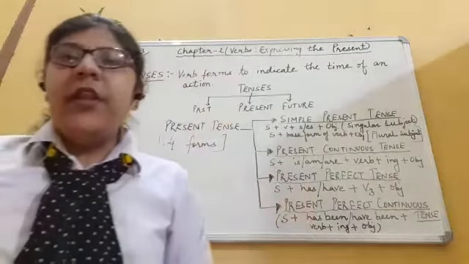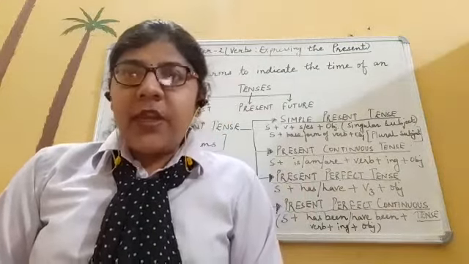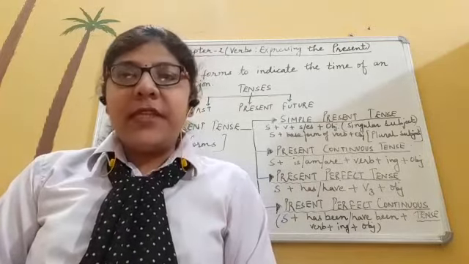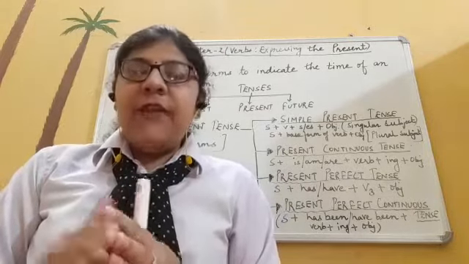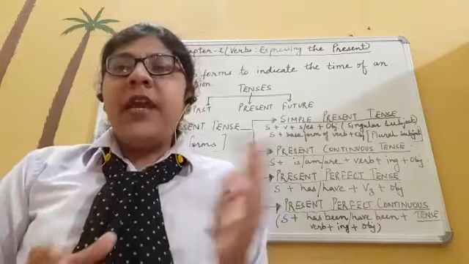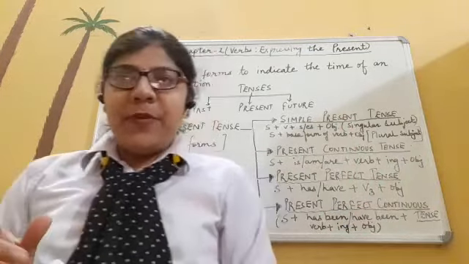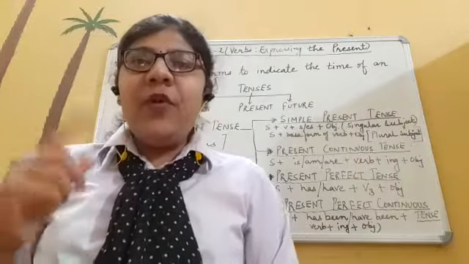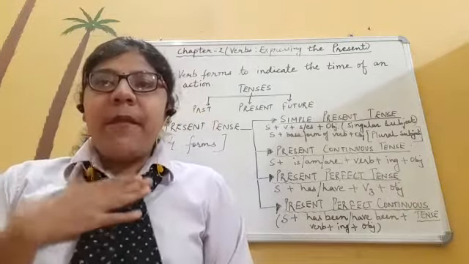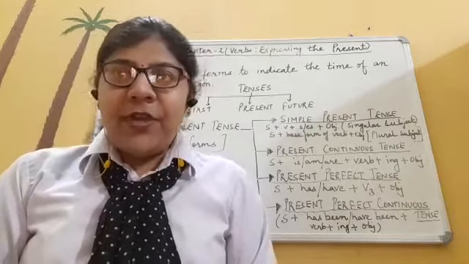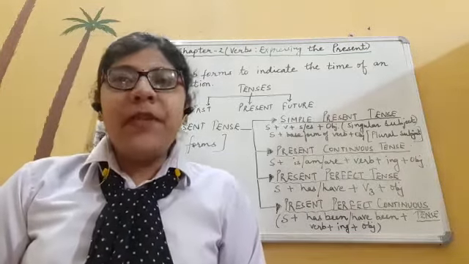Come to the third one, present perfect tense. Now what do we mean by present perfect tense? See, the actions which started in the past and they got over very recently. It's a general statement you people must be using. Whenever you want to inform your teacher, you say, ma'am, I have done my work. Or you say, ma'am, I have completed my work.